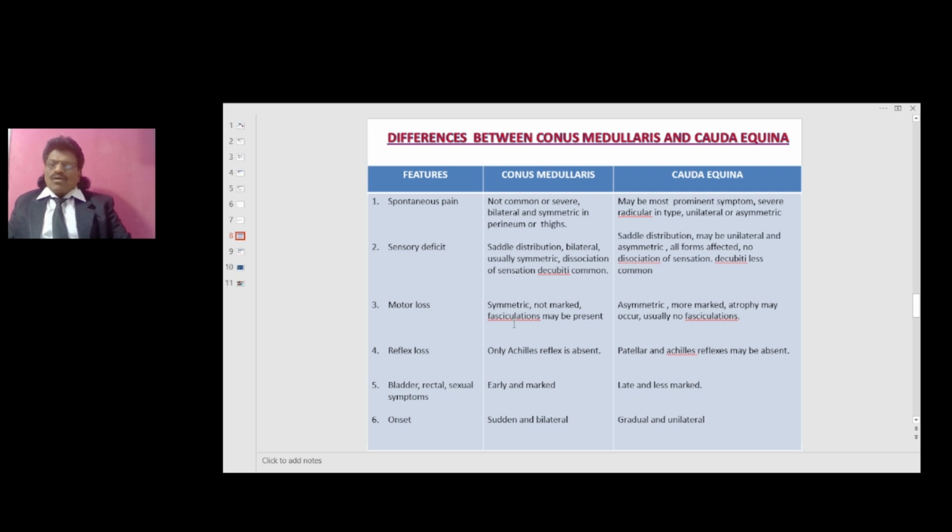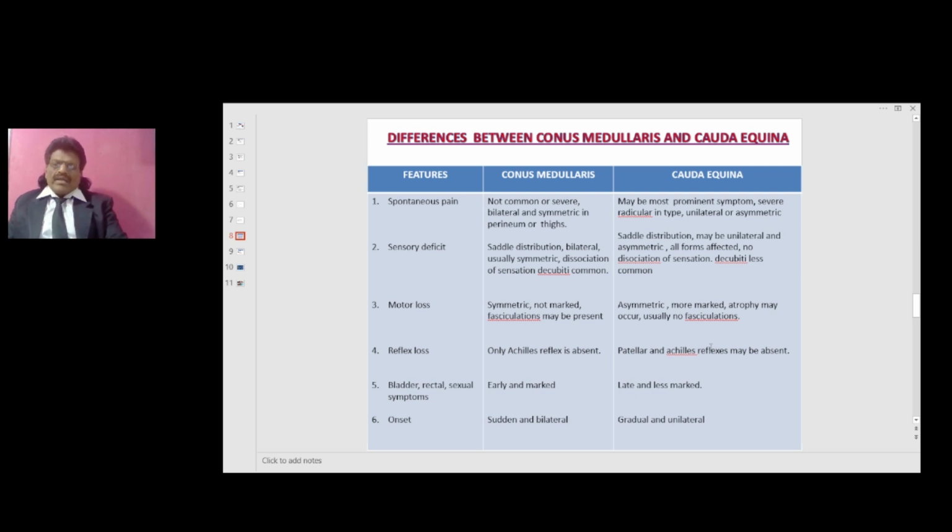When it comes to the motor loss, in conus medullaris it is symmetric, not marked, and fasciculations may be present because the anterior horn cell may get affected. Whereas in cauda equina, it is asymmetric. It's only roots, more marked, atrophy may occur, but usually no fasciculations. Reflex loss. Since the lesion is at the level of the conus and epiconus, that means S1, S2, S3, only the ankle reflex, that is the Achilles reflex, is lost.